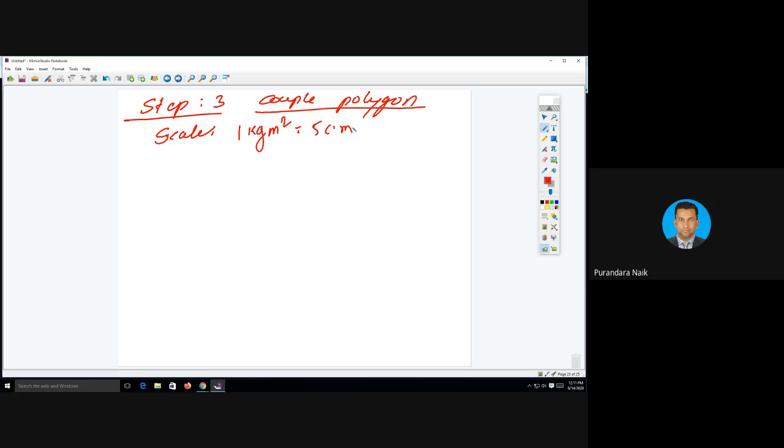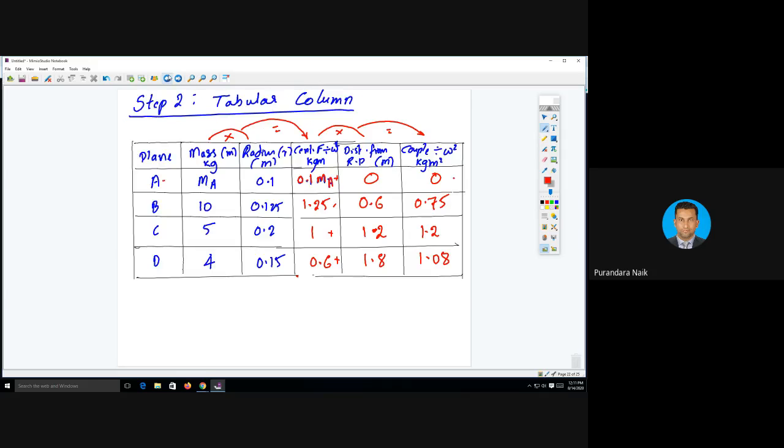Now let us draw the couple polygon. Starting point, the first mass is O. Second is B. B is the reference mass, that is 0 angle. The length is 0.75, and 0.75 into 5, because it is a 5:1 scale, that is 3.75 centimeter.